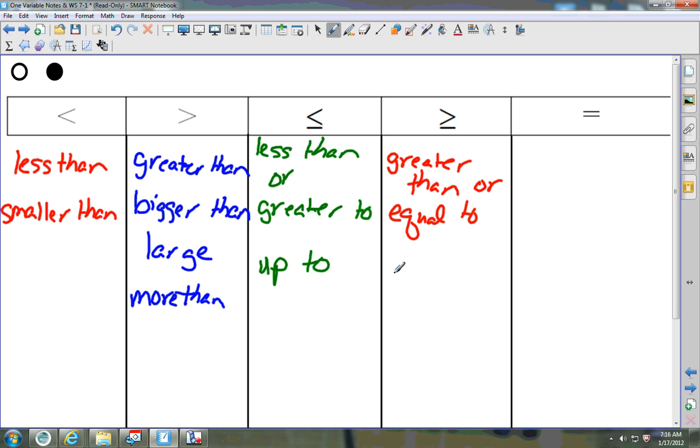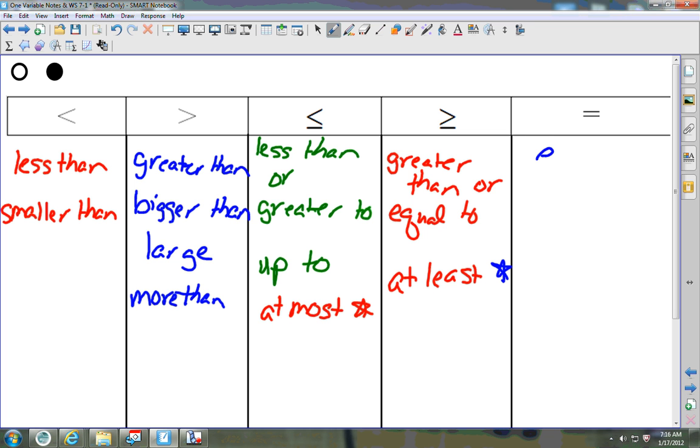Maybe it's a height requirement. You have to be at least a certain height. At least is probably one of the most important ones right here. And if I go back over here to that other one, at most. That one is very important.